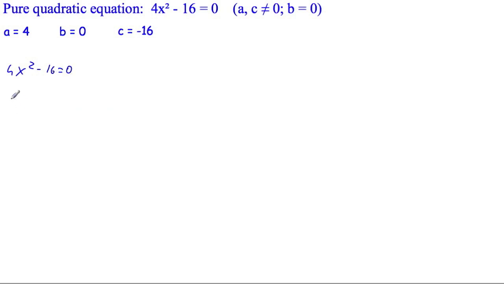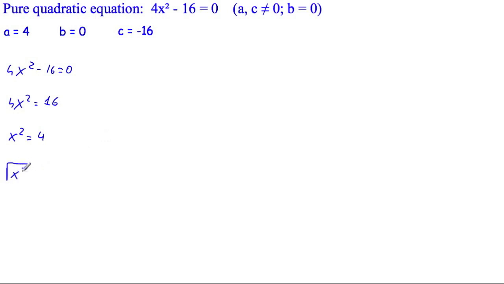By moving the free term, also called the constant term, negative 16, to the right side, we get 4x squared is equal to 16, which easily simplifies to x squared is equal to 4. Now, we just need to extract the square root of both sides.